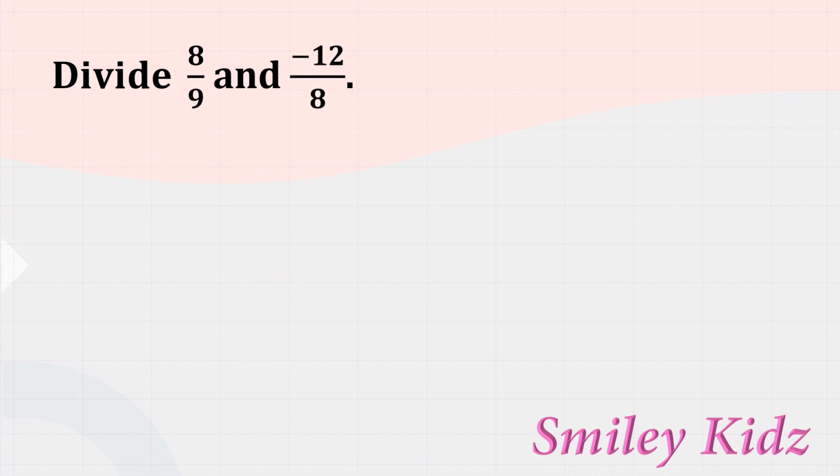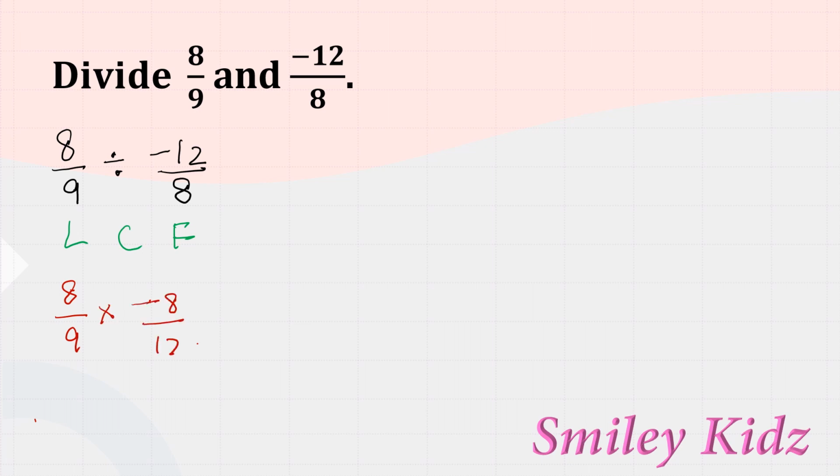Let's see another example. Divide 8 by 9 and minus 12 by 8. 8 by 9 divided by minus 12 by 8. Apply LCF. Leave me, change me, flip me. Right? Now we will be multiplying. 8 multiplied by minus 8 will give us minus 64, 9 times 12 will be 108.